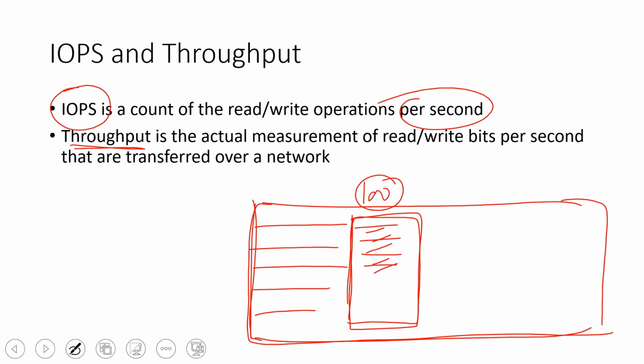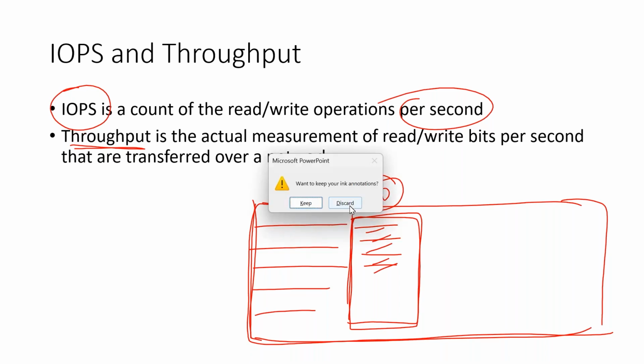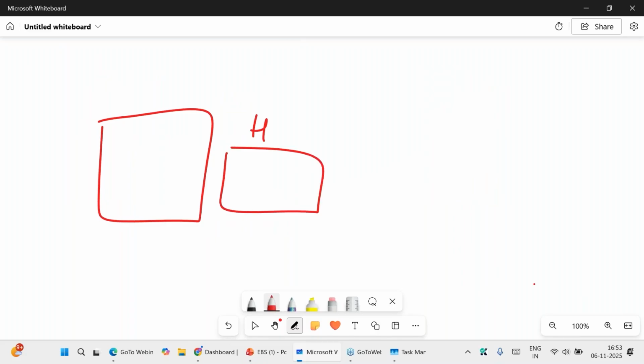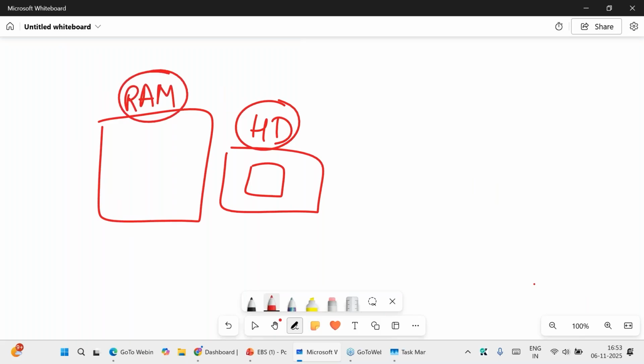So if you compare it with the hard disk scenario, let me just go back to the traditional way. Let us forget about the cloud for the time being. Let us say this is my computer, and this is my hard disk. When we save the file, it gets saved in the hard disk. When you open it, it will come into your RAM.